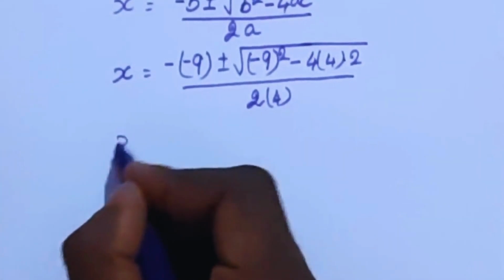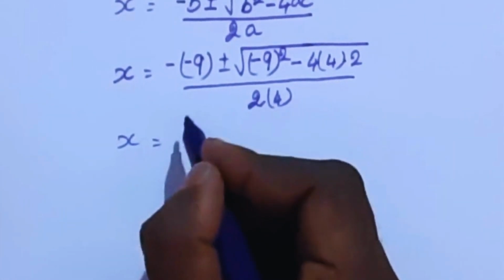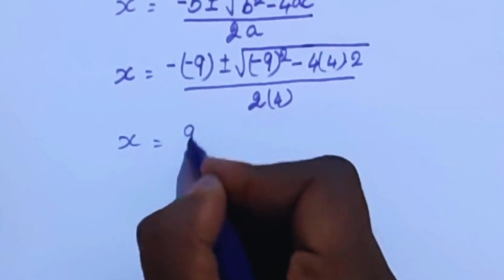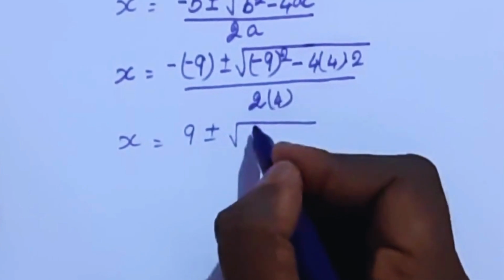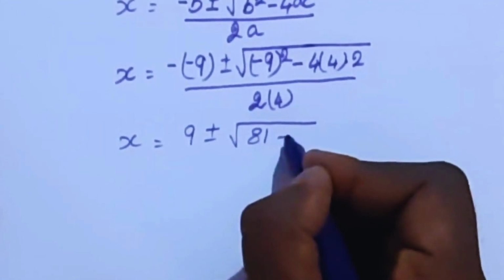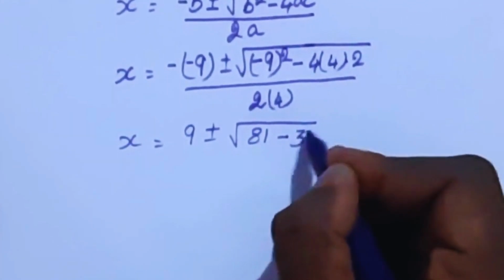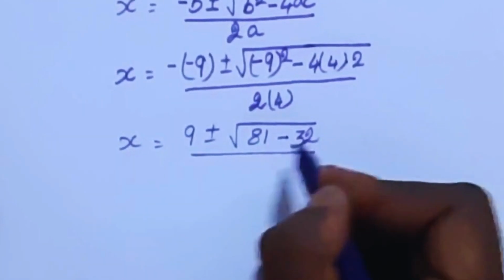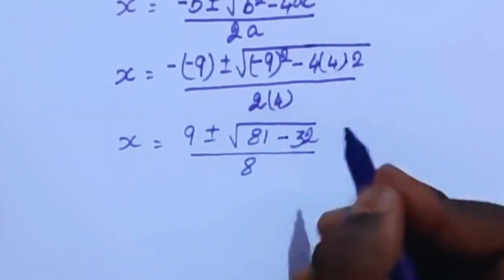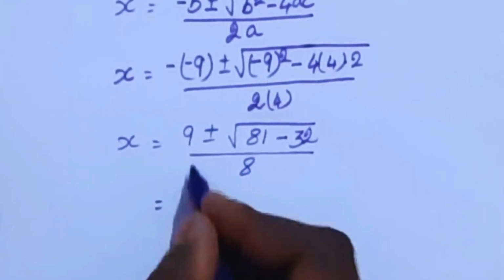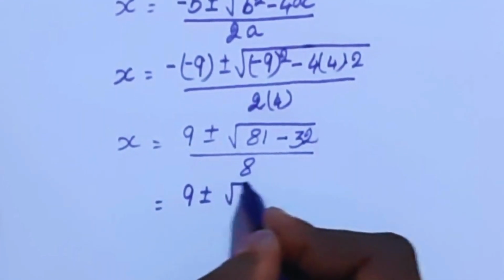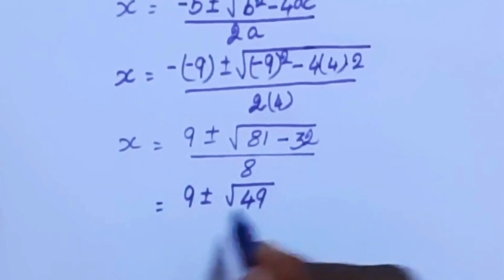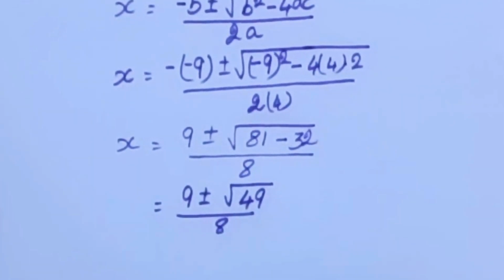So x equal to minus into minus is plus 9 plus or minus square root of, this is 81 minus 32, by, here it is 8. So 9 plus or minus square root of 49 by 8.